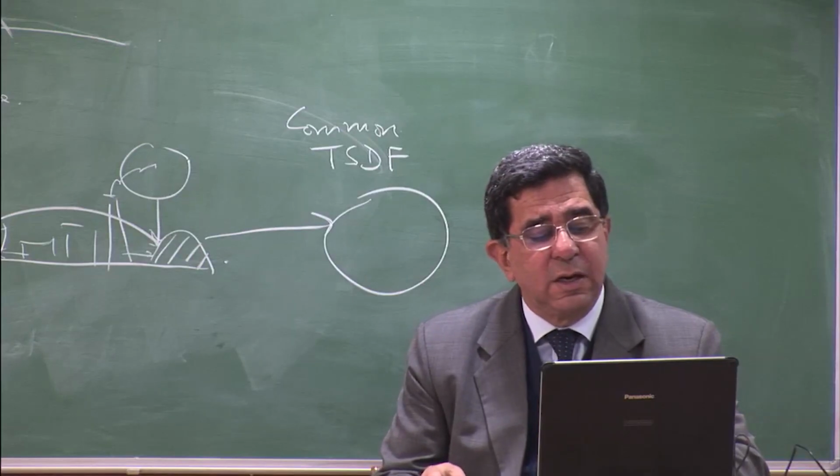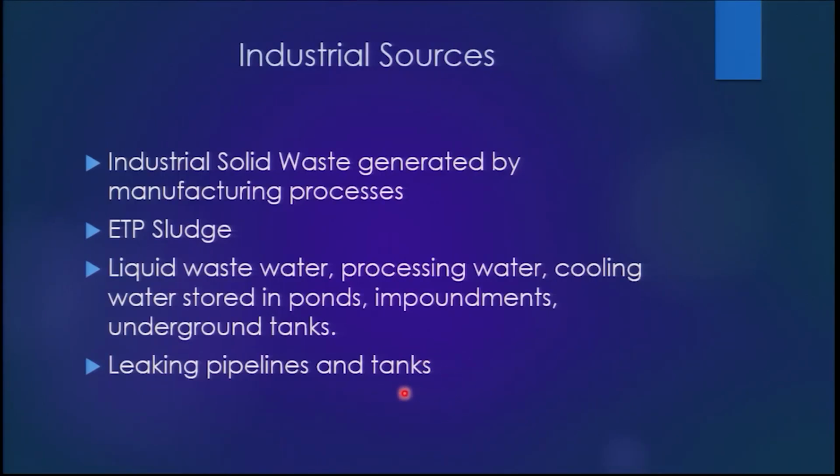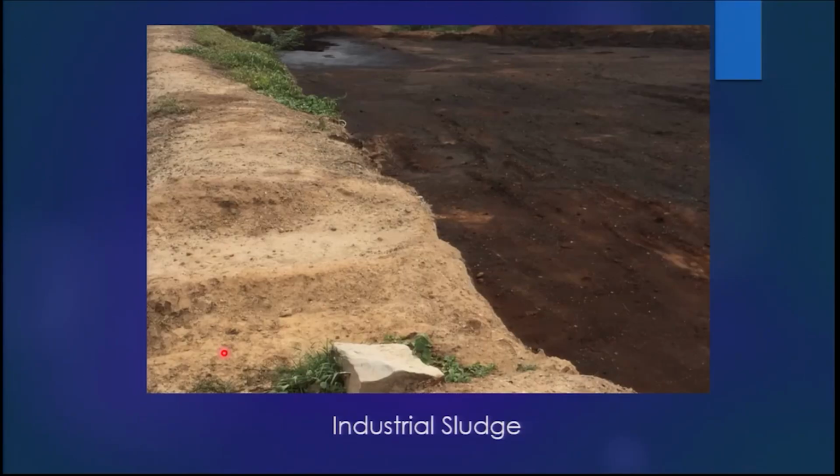And of course, leaking pipelines and tanks. So the solid waste, the liquid waste stored, and the transporting elements which are used, all three can contribute to subsurface pollution. Here is a photograph of a sludge being disposed of by an industry in an excavated area.